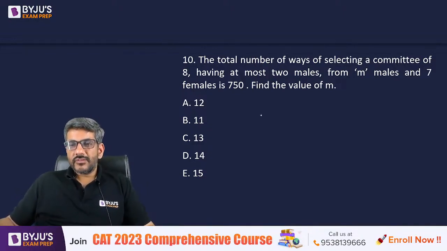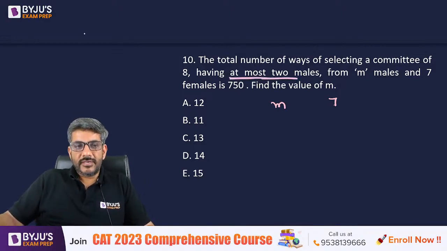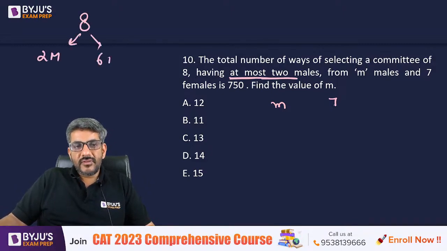The total number of ways of selecting a committee of 8 having at most 2 males from M males and 7 females is 750. Find the value of M. So when you have to select at most 2 males out of 8, possibilities are either you have 2 males and 6 females, or you have 1 male and 7 females, or you have no males, all 8 females.